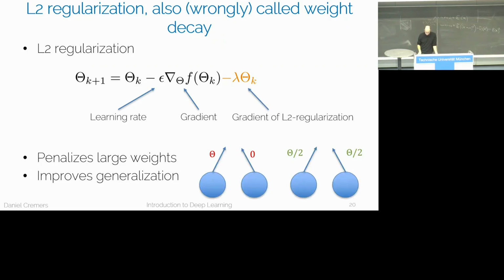The benefit of this is that if you have a certain amount of weight that you want to distribute across neurons, let's call it theta, then L2 regularization favors the weight to be distributed evenly across the neurons. Why? Because (theta over 2) squared plus (theta over 2) squared is smaller than theta squared.